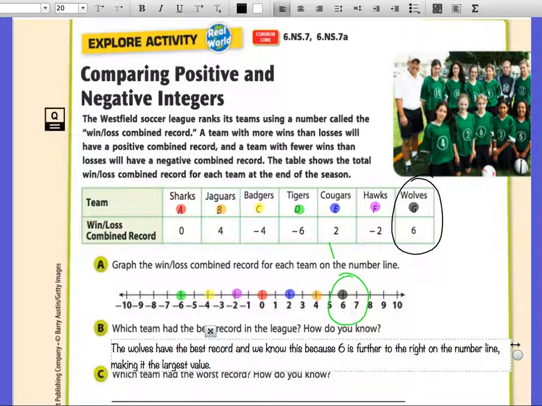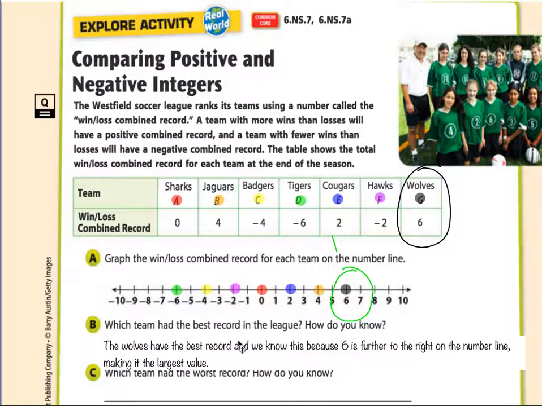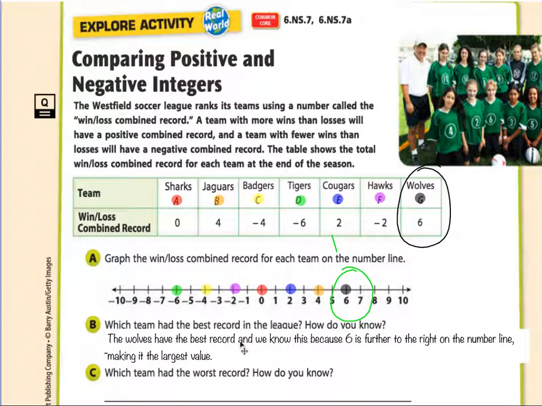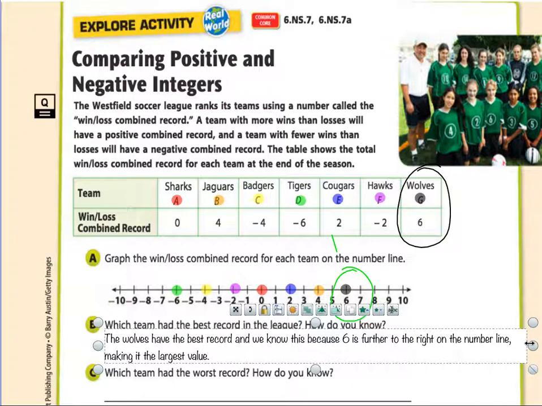Okay, so again, we use its place on the number line to determine which one's the greatest. And in this case, it is 6, which is the Wolves, because it is the furthest to the right. So now we're going to take a look at which team has the worst record. So with the worst record, you want the team that has the very least.